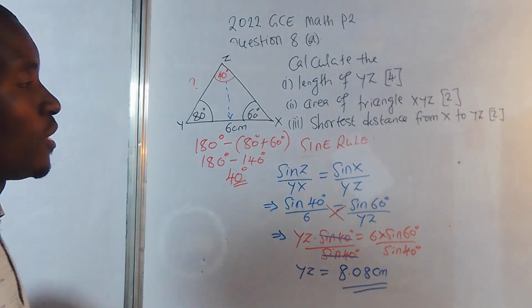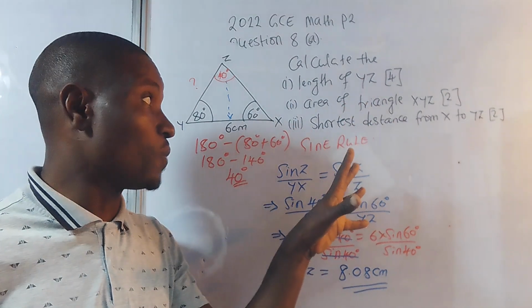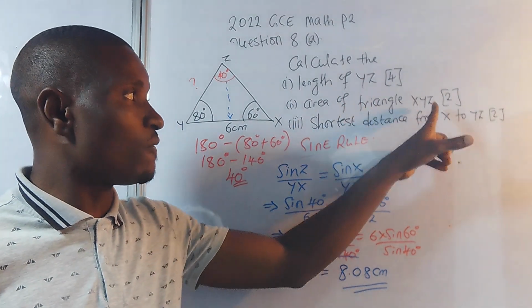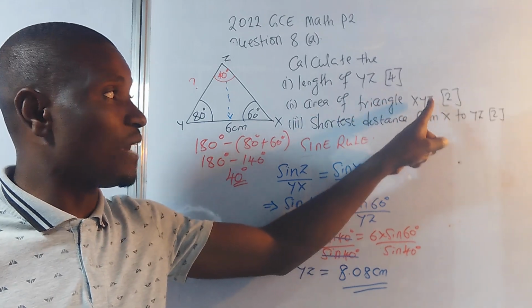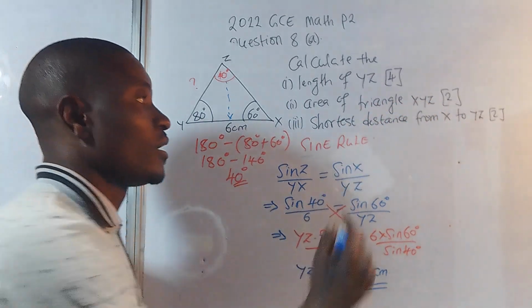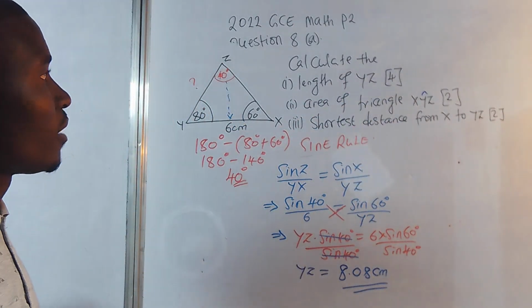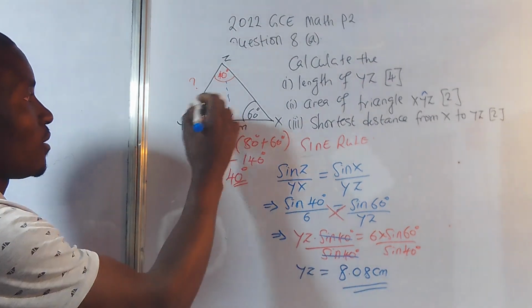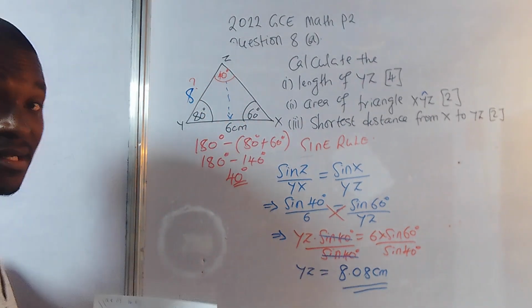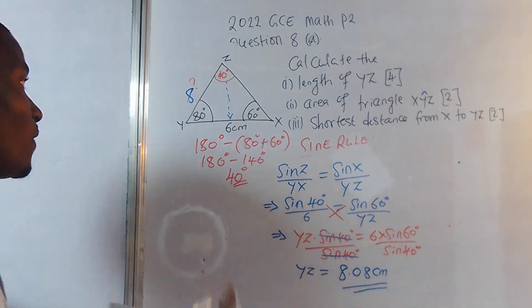Now remember, because you are looking at the triangle, the angle that is being specified is the letter in the middle, which is that one, meaning angle Y. Now because this one is just 8, to the nearest whole number, that is going to give us 8.